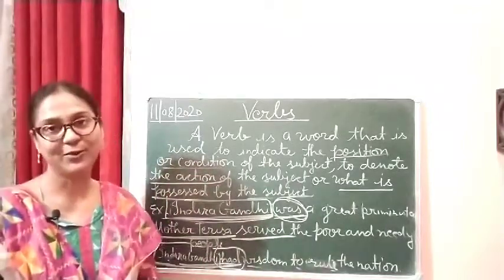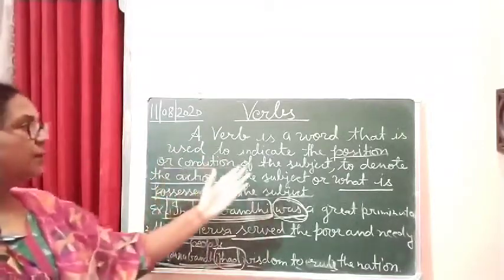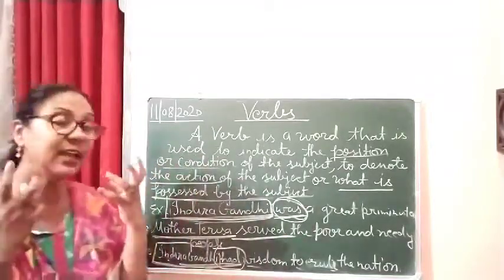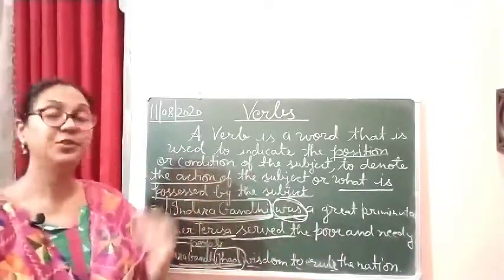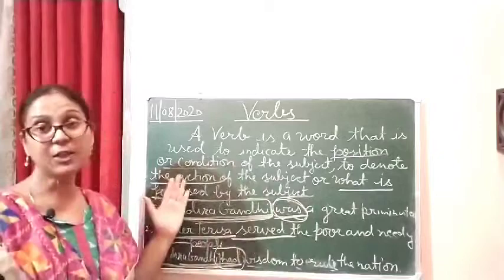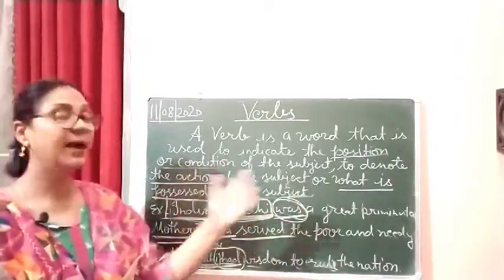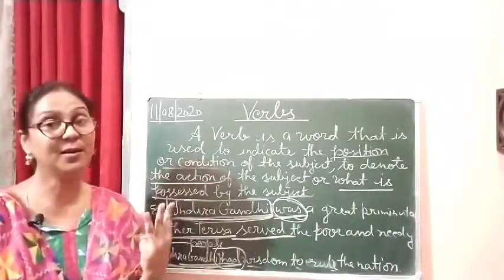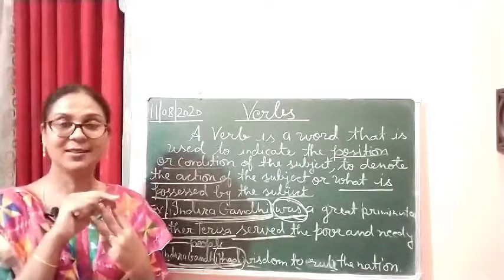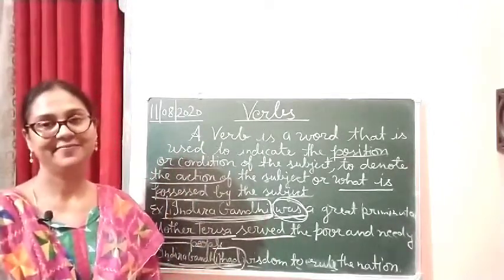So a verb is a word that is used to indicate the position and condition of the subject, to denote the action done by the subject and what is possessed by the subject. Those 3 points we have to always remember, because they are very important to understand verbs.